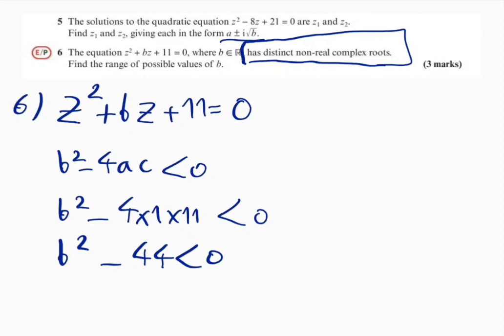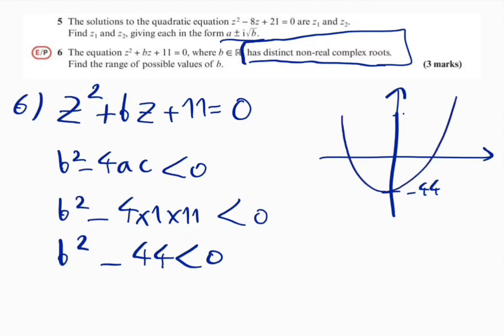And you can just draw a sketch for b squared minus 44, and here is minus 44, so you will get something like this.